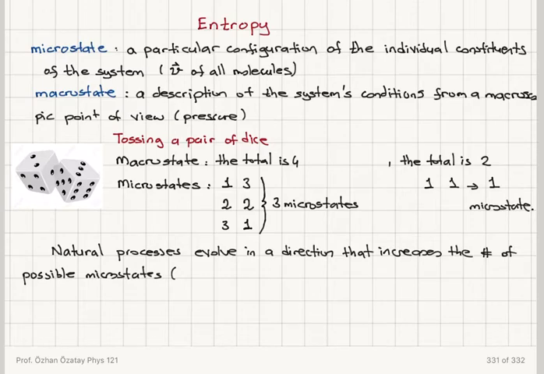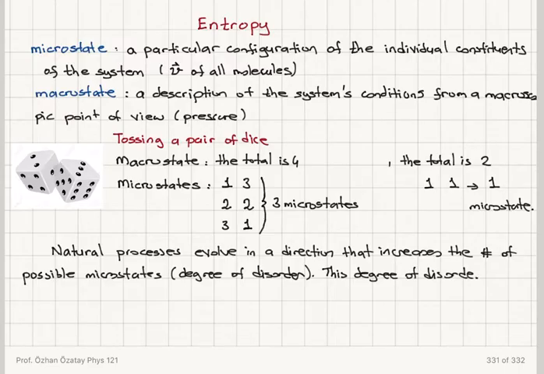When we have a low number of microstates, we will say it is ordered. So it is the degree of disorder we're looking at, and this has to be maximized for the system to likely evolve in that direction.